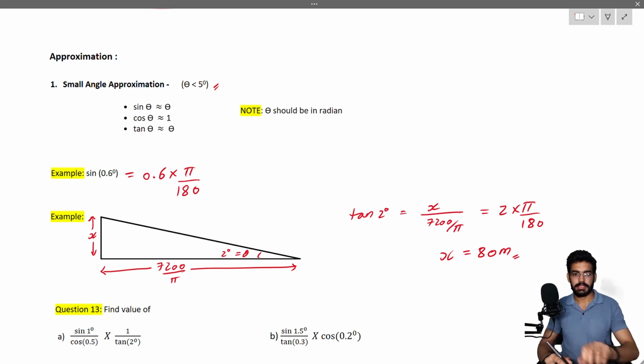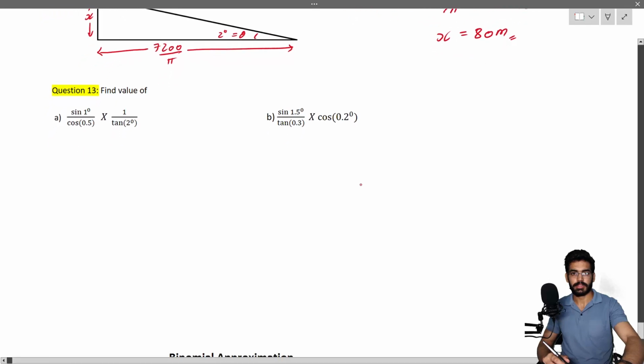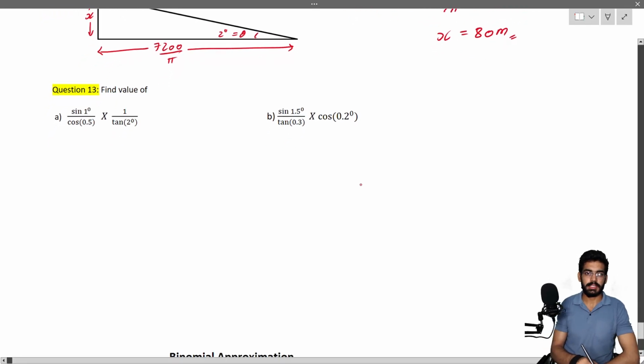Now let's see some examples. We have two more questions here. Now see, sine 1 degree divided by cos 0.5 degrees multiplied by 1 by tan 2 degrees. How to solve this? Sine 1, I can directly apply the approximation, so I write sine theta is equal to theta, that is 1 into pi by 180.